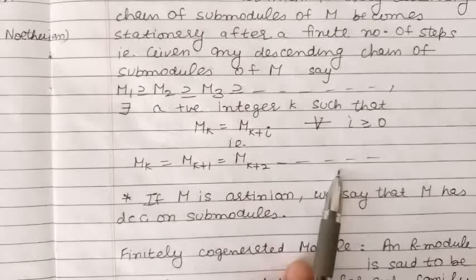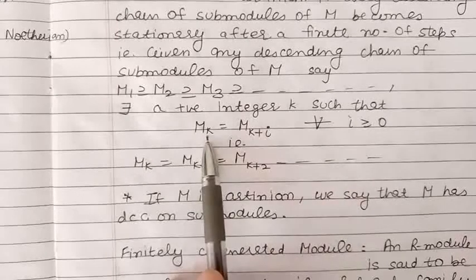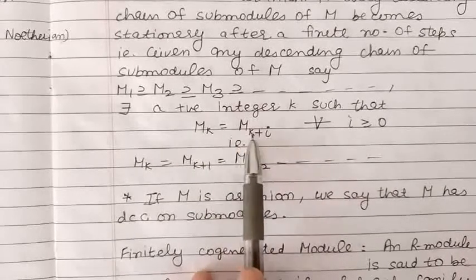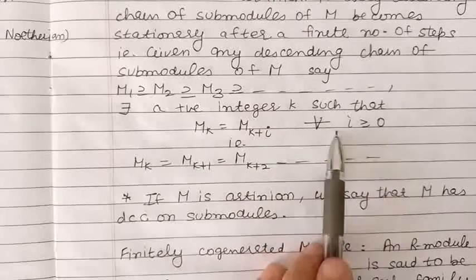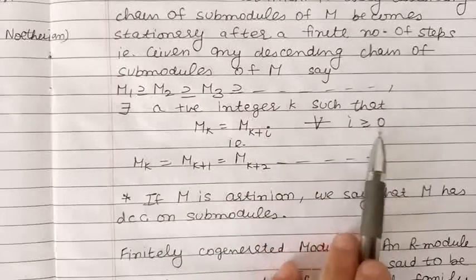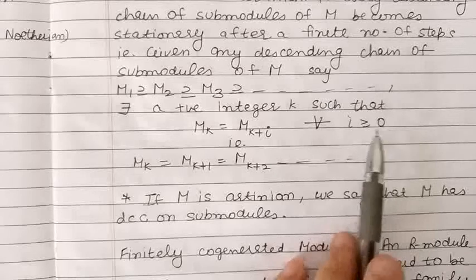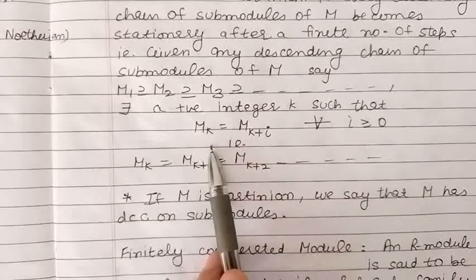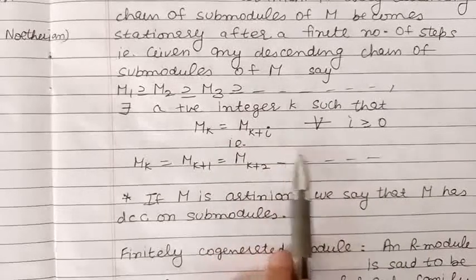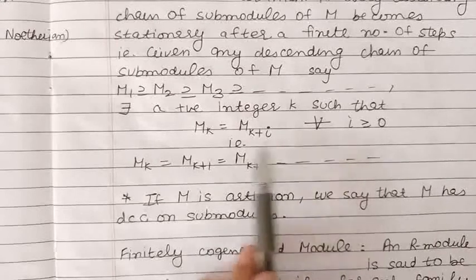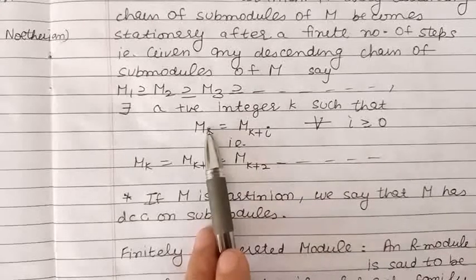So in general we can say that Mk is the same as Mk+i for every i greater than or equal to 0. Thus, the chain becomes stationary after a finite number of steps. If this condition is satisfied, we say that the module M is an Artinian module.